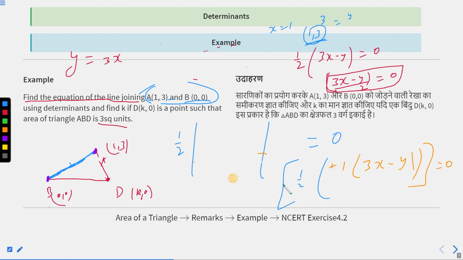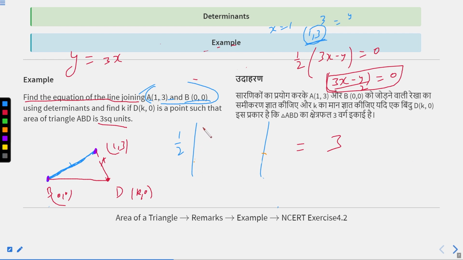Okay, now what is happening is quite simple. You are given 3 points, and using these 3 points, the area of the triangle is already given to you, which is 3. So the area of this triangle, in terms of determinants, I can calculate using this.